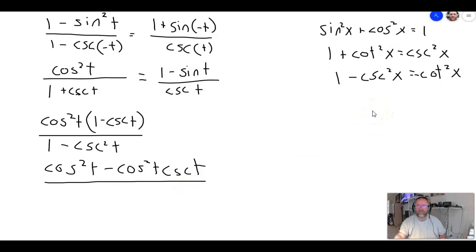Notice that here on the bottom we have 1 minus cosecant squared of t. So that will be the same as negative cotangent squared of t, and I'll pull the negative out front. So that kind of helps.